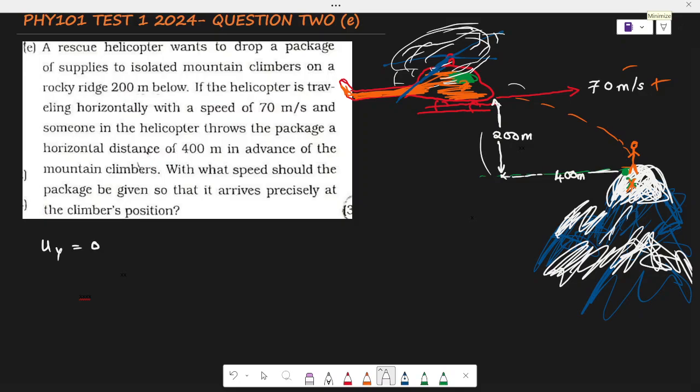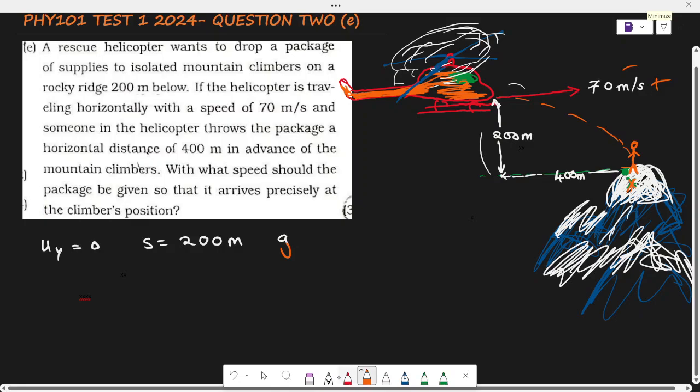And we have been given the vertical displacement to reach the mountain, which we will denote by s. This s is equal to 200 meters. We know that g is equal to 9.8.